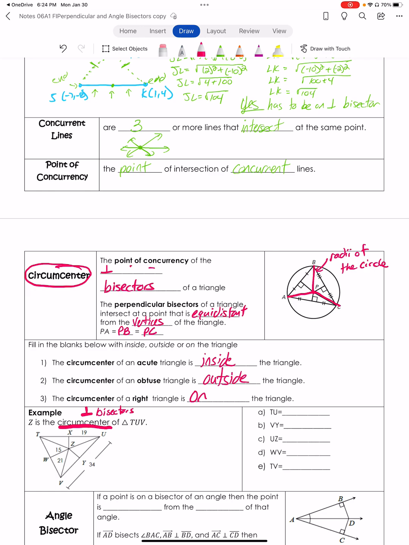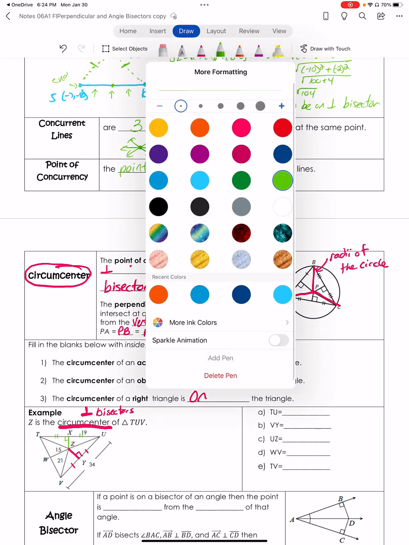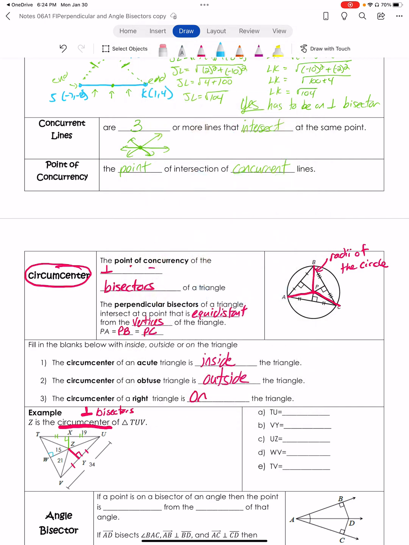I look at this and I know that these are all perpendicular bisectors. So I know this one is congruent to this, and it is perpendicular. This is perpendicular, and this side is congruent to this side. And this is perpendicular, and this side is congruent to this side.